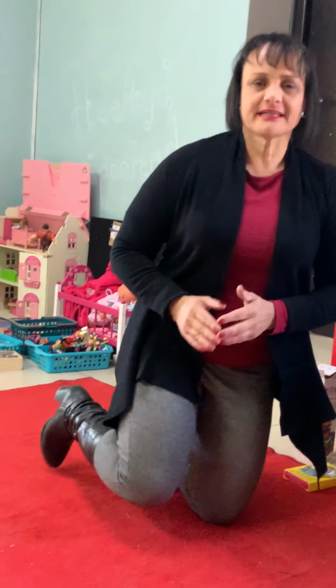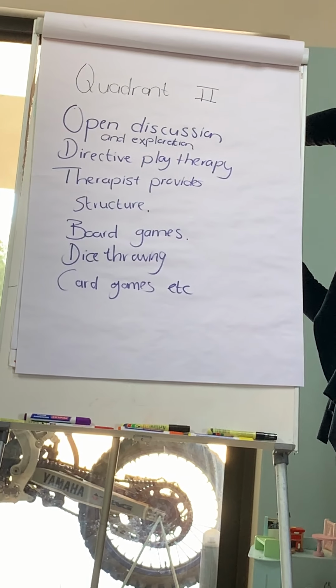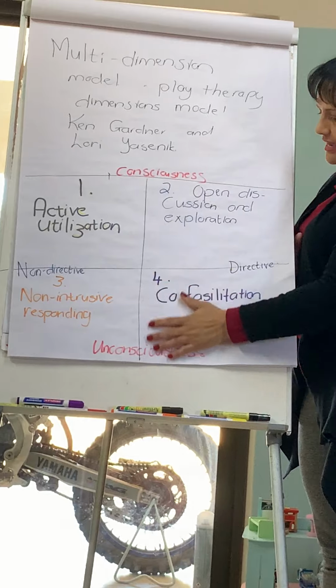Open discussion means the child is very conscious of what is happening, and you can have an open discussion and be very directive. That normally applies when you don't have a lot of time, and the child has the ego strength to immediately start working on the problem. And that brings us to the four levels. Just to take back our graph that I've drawn here, there you have them.